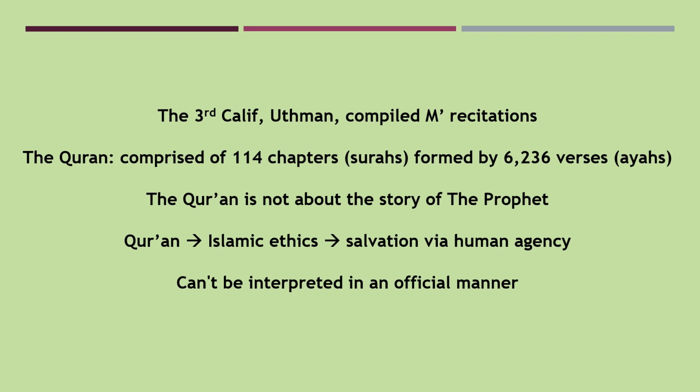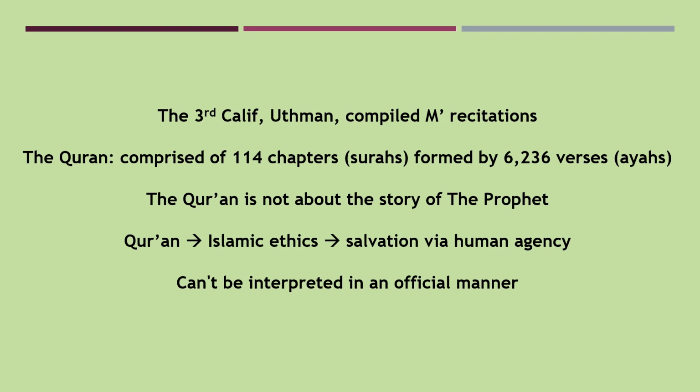Now, how did the Quran come to be a compiled text? As Islam was spreading outside the Arabian Peninsula, when the Islamic Caliphate was expanding, the verses that were coming from Muhammad's recitations were being obviously altered. So the idea of writing down these verses became a necessity.